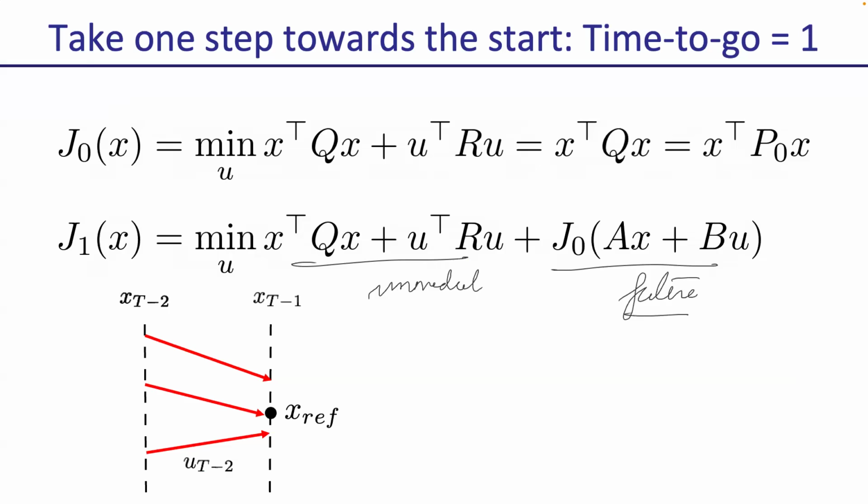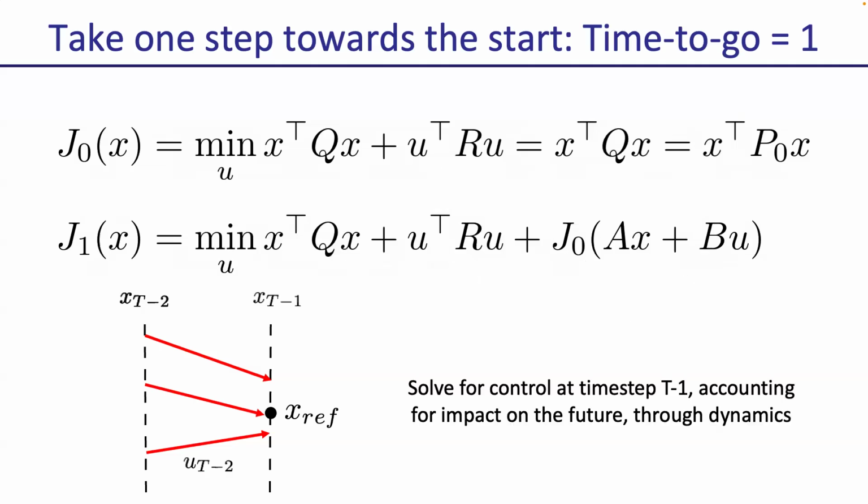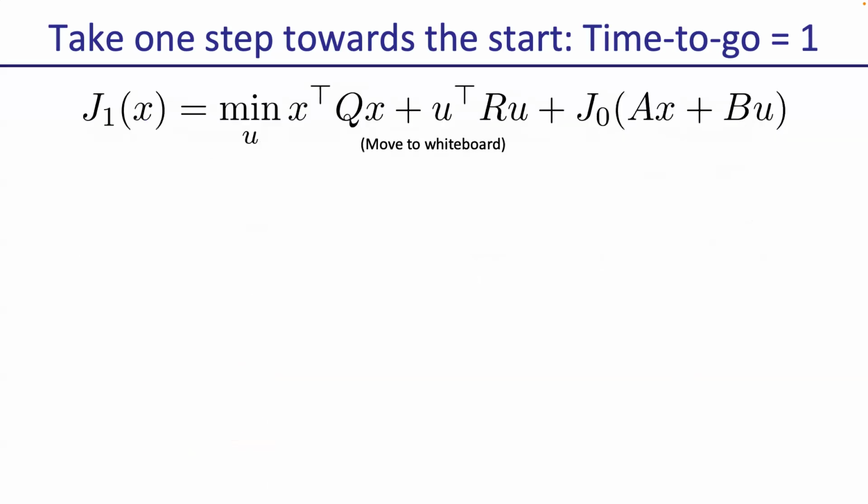Note that u appears in 2 places: u appears here, and u appears here. Remember that J naught X is defined as X transpose P naught X. We're going to do a little bit of calculus to solve this, but essentially we're just trying to do this minimization with these 2 definitions in mind.